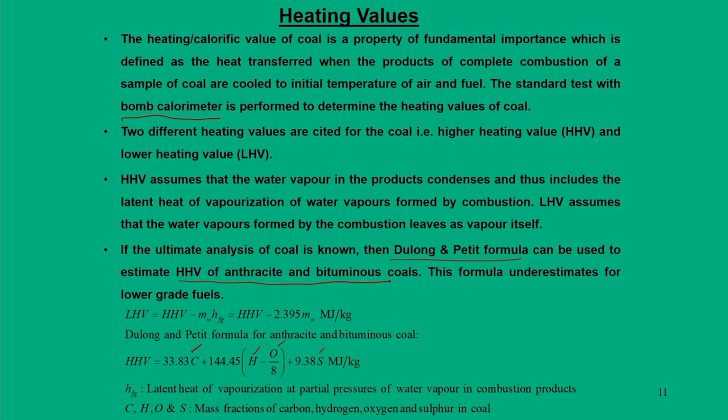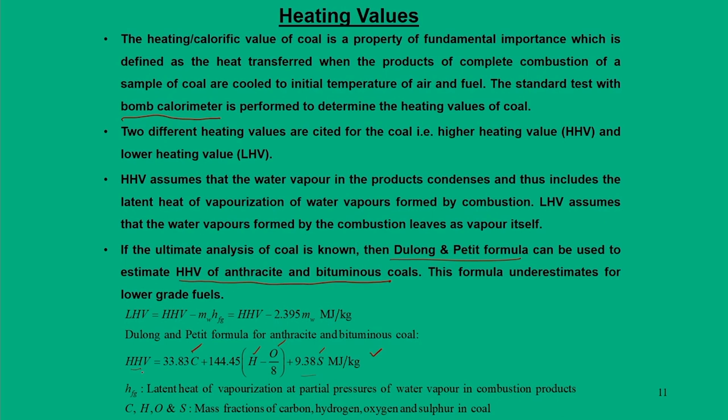This formula states that once you know their mass fractions, the heating value of the fuel can be expressed by these expressions. The expressions were routinely tested using a bomb calorimeter for various coal samples, and finally the formula was unanimously accepted. So, for a given coal and ultimate analysis, if you know the constituents, we can find the higher heating value.